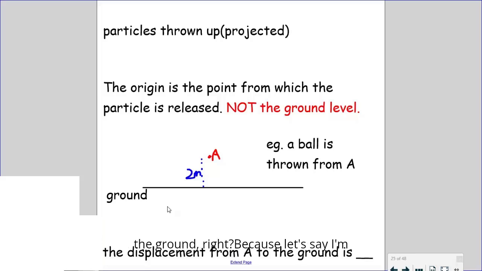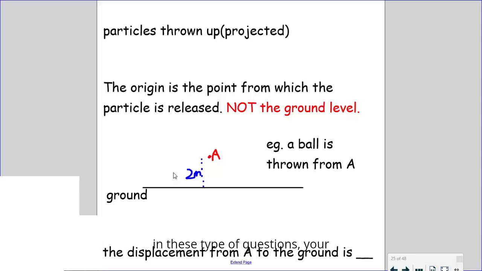Because let's say I'm standing on the ground, my hand is obviously a few centimeters or meters above the ground. So if I am throwing a ball with my hand, my initial position is somewhere above the ground. It's not on the ground, right? So you can have two types of questions. A particle is thrown up from the ground, or it's thrown up from somewhere above the ground.